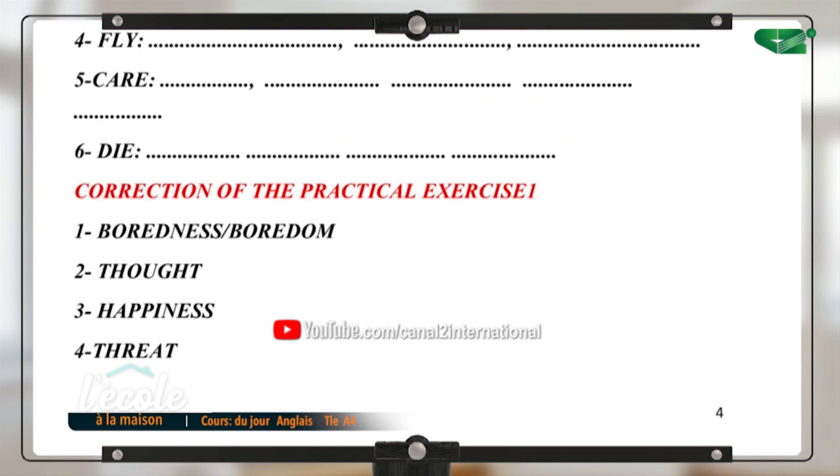Number 4, cholera is a serious dash to our health. The word given inside the bracket is threaten. It was a verb. Now, for you to have a noun, you will drop the en, which is a suffix that has been added. And then what do we have? Cholera is a serious threat.